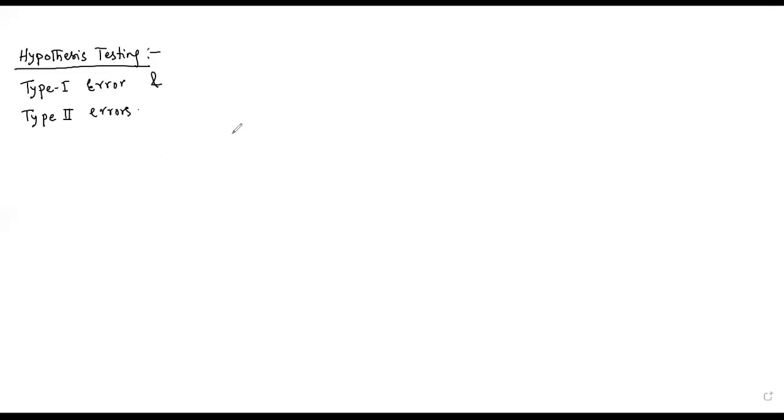Now, in hypothesis testing, what do we actually do? We set the null hypothesis H0 and we test it. That is the basic objective of hypothesis testing. Now, two things may happen.